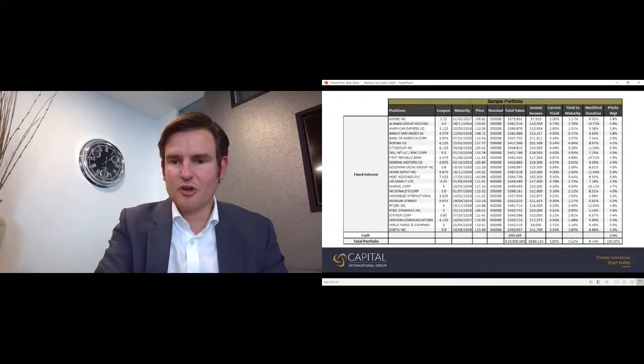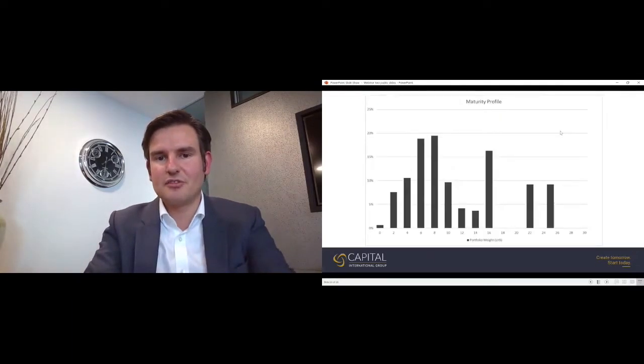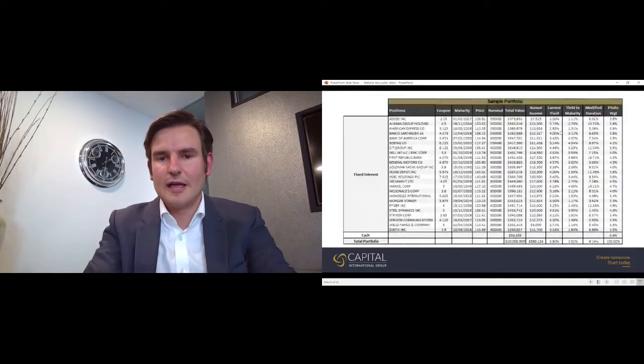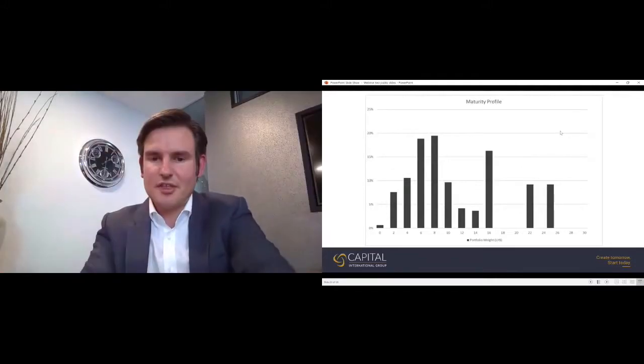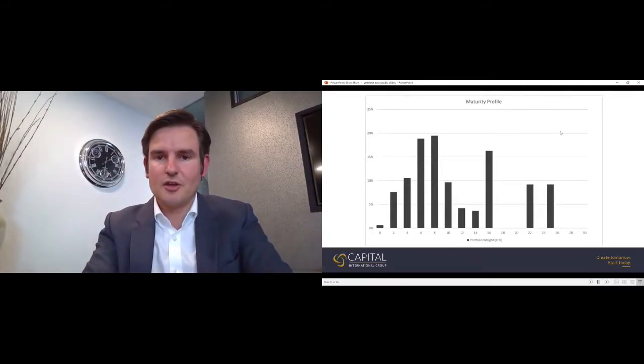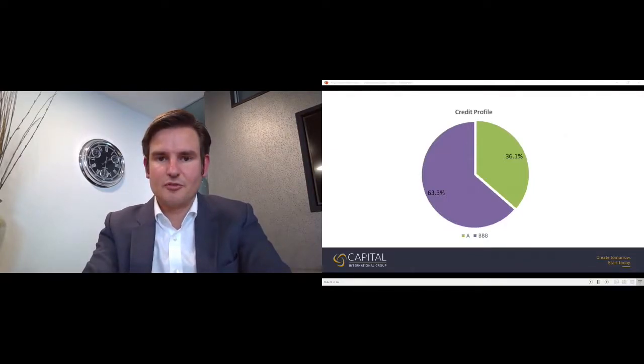But what we also want to highlight here are some of the other key measures that we use and that we feel it is useful for trustees to have a better understanding of. And just to highlight from this, so this is the maturity profile of those bonds, and that's the credit profile of those bonds.